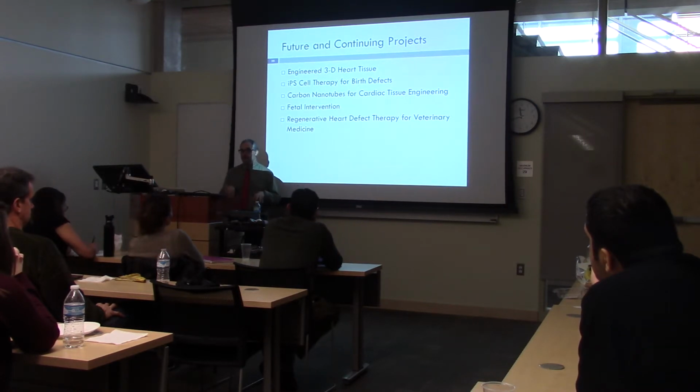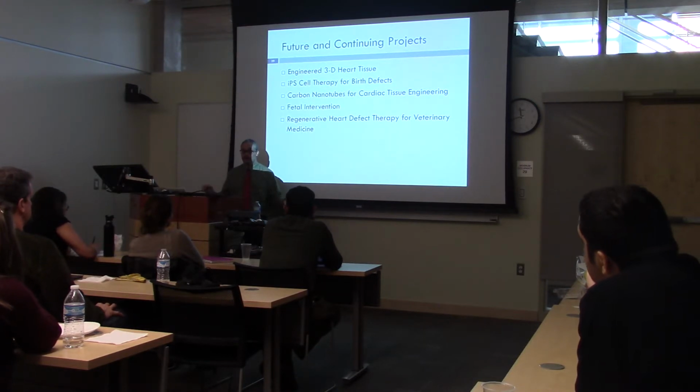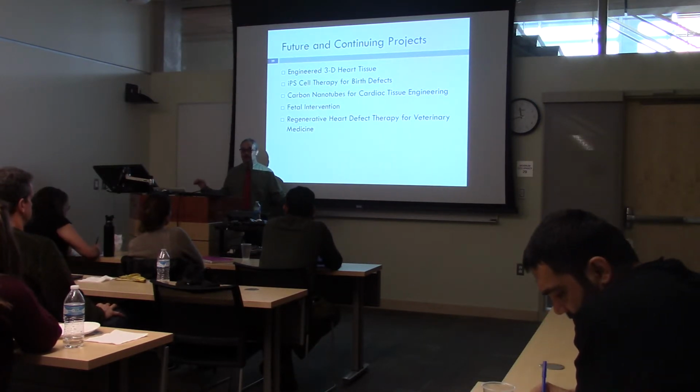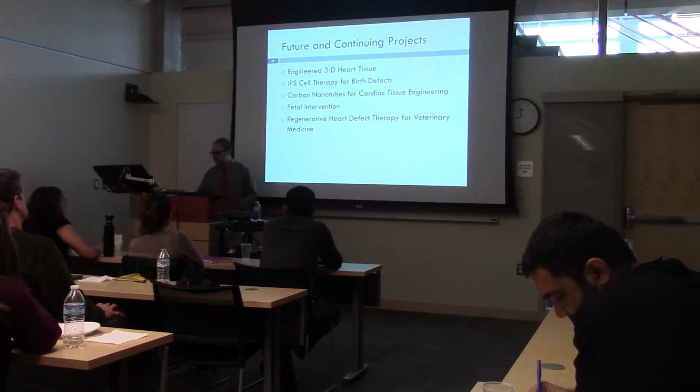And the great thing here is both large animal models for validating this, but also the chance of working in regenerative therapy for veterinary medicine, which there are very few people around the country looking at, and there are people here at CSU looking at that.